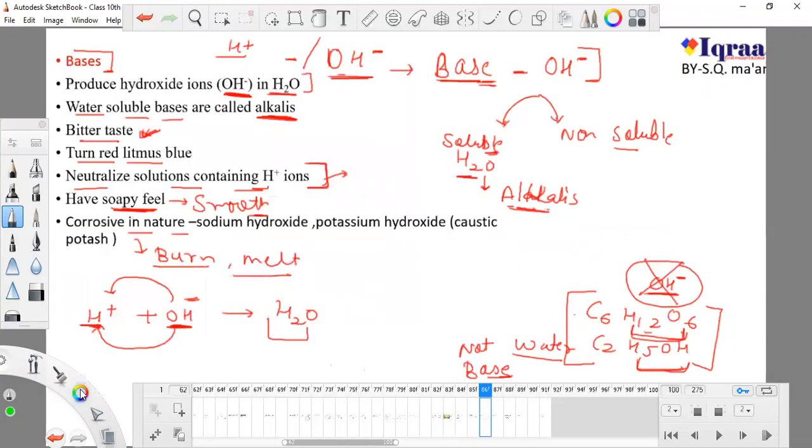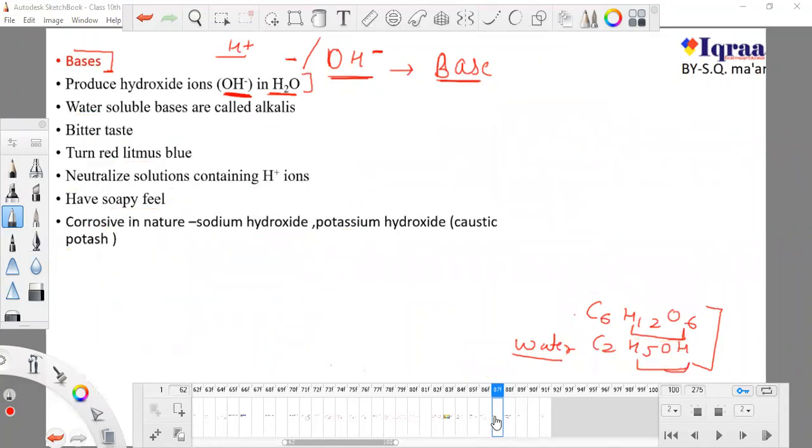These bases which are very strong or corrosive in nature are known as sodium hydroxide, NaOH, and another one is potassium hydroxide, that is KOH. Another name of potassium hydroxide is caustic potash. Don't forget this, that KOH is also known as caustic potash.